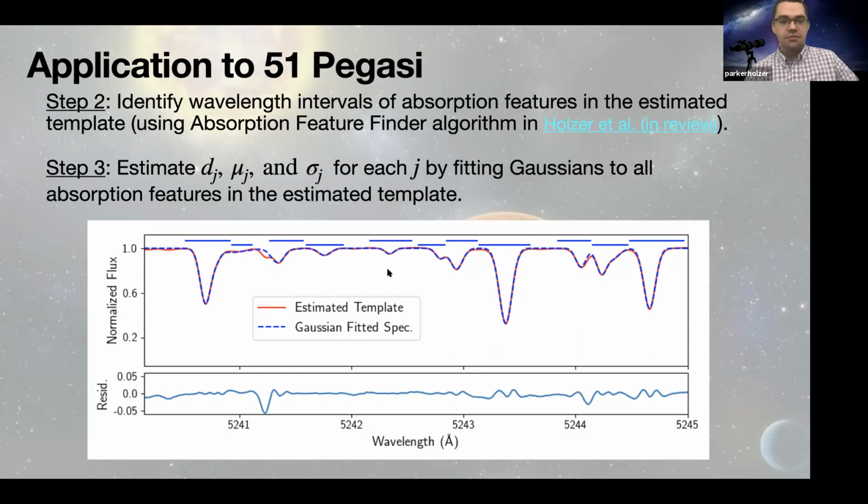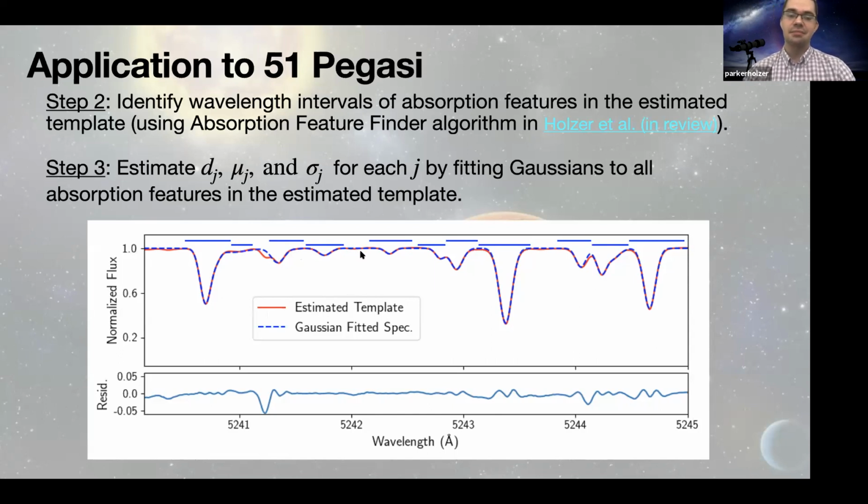And once we've gotten those absorption features, we can estimate those extra parameters that I mentioned earlier that are essentially just the fit parameters for fitting a Gaussian to each of these absorption features. That's one of the assumptions of this method, that absorption features are approximately Gaussian shaped.